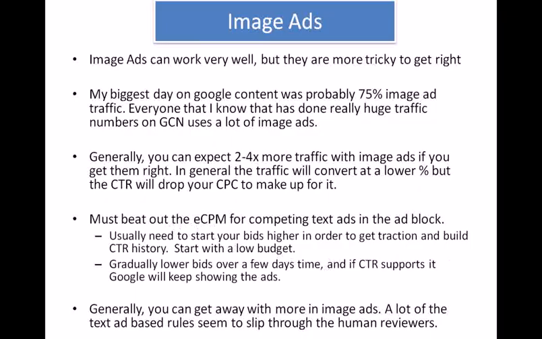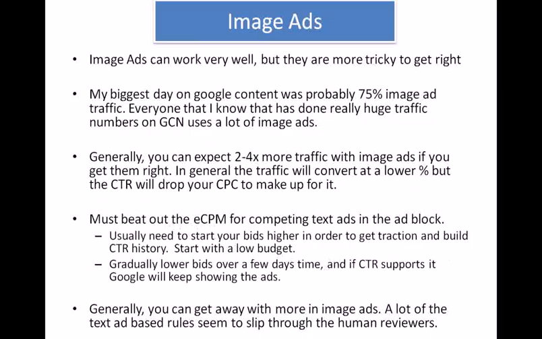Because of this, if you start your bids too low with image ads, what will often happen is they won't even attempt to show your ads. So typically the best way to get traction is to bid higher and cap the budget.